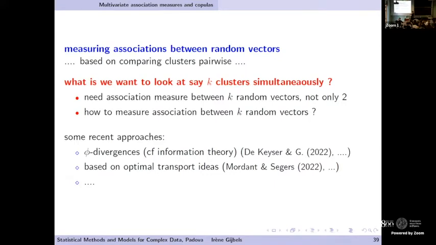Some of the recent approaches that I would like to mention is that these two people, Gilles Mordant and Johan Segers, started using optimal transport ideas for measuring association between two random vectors. We looked into that, and you can generalize this for k random variables. Well, easily is not the word, but you can do that.